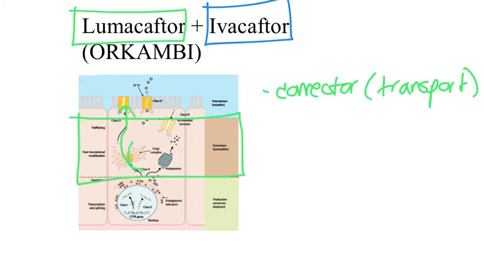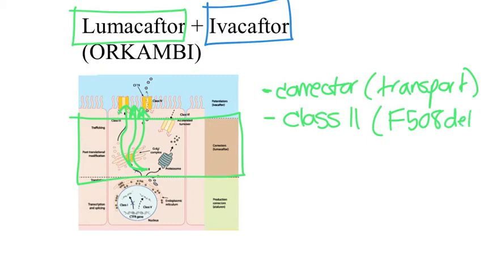And for this reason, it is most useful in correcting the mutations that fall into class 2. One important thing to note is that the F508 delete mutation does fall into class 2, and that encompasses the vast majority of patients with cystic fibrosis.